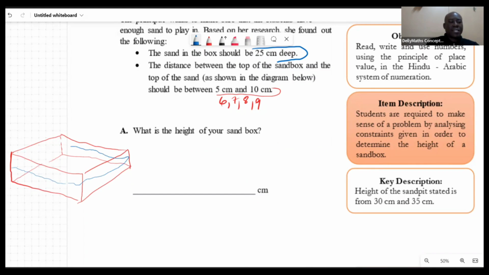So that means from here to here would be 25 centimeters. That's the sand, the blue. They're suggesting now that when you move from where the sand is to the top here, you want to ensure, so this piece down here is already 25. And you want to ensure, let me blow this up in front of our faces.